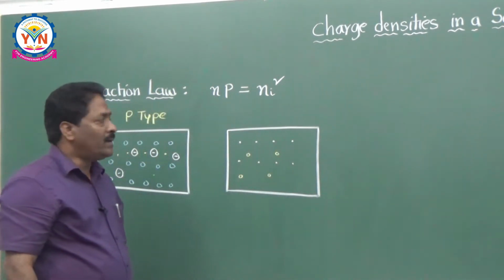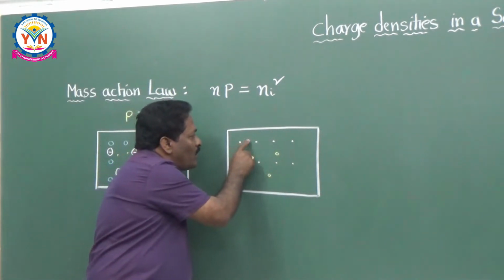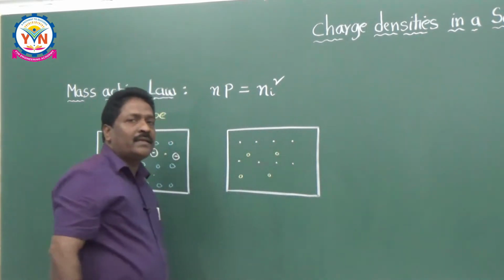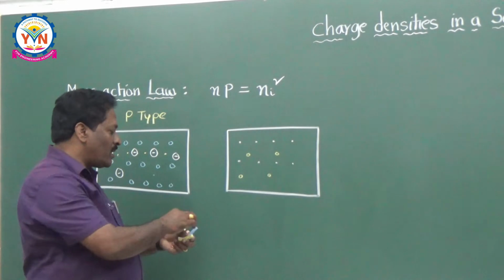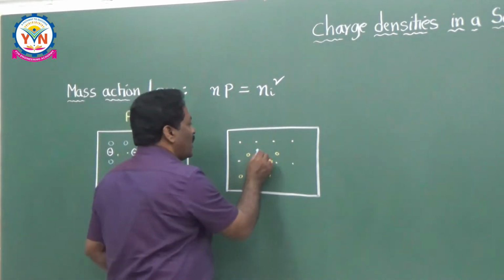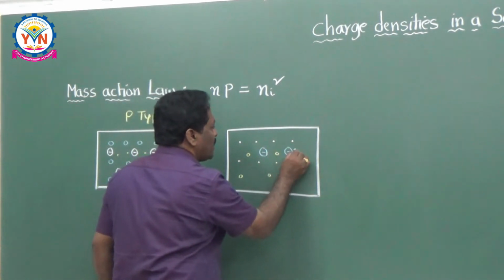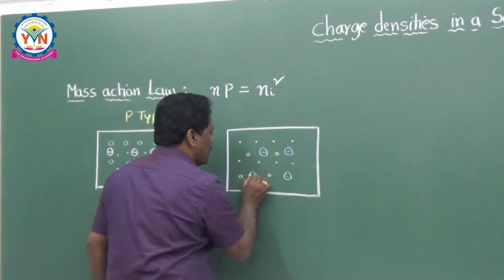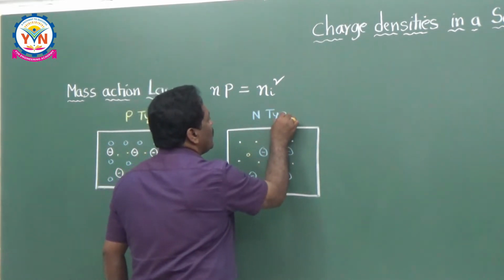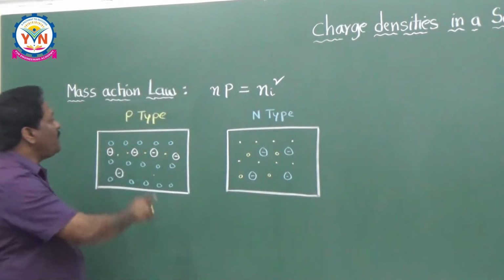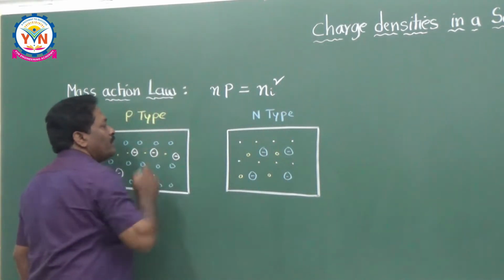For getting more number of majority carriers, there should be some donor ions. So what are the donor ions? Donor ions means they are immobile ions like this. So this is nothing but your n-type semiconductor. So this is p-type and this is n-type.